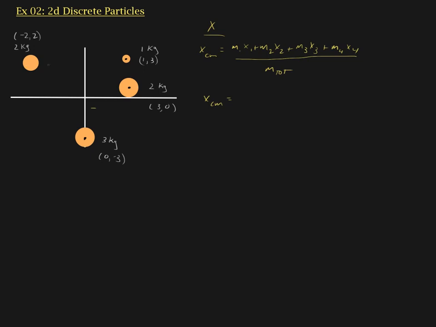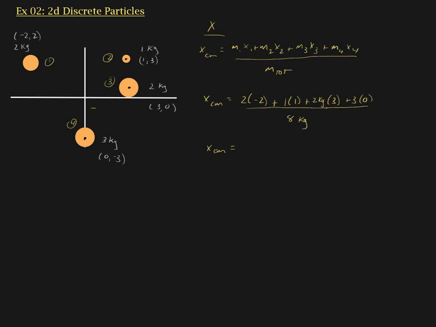Anyways, we'll just start from the left. This will be M1. We'll make this M2, M3, and then finally M4. We'll just go clockwise through just to be organized about it. And so what we get is M1 is equal to 2 kilograms times a minus 2 meters. All right, so XCM is equal to minus 4 plus 1 is going to be minus 3.